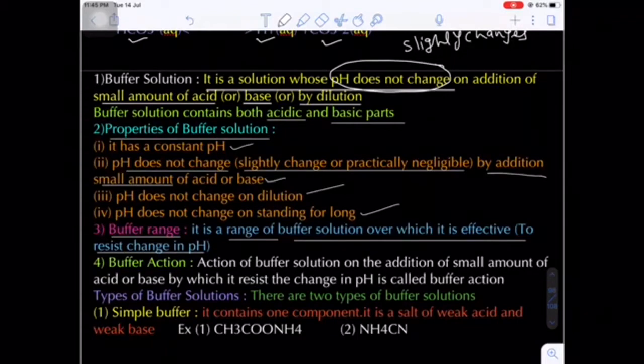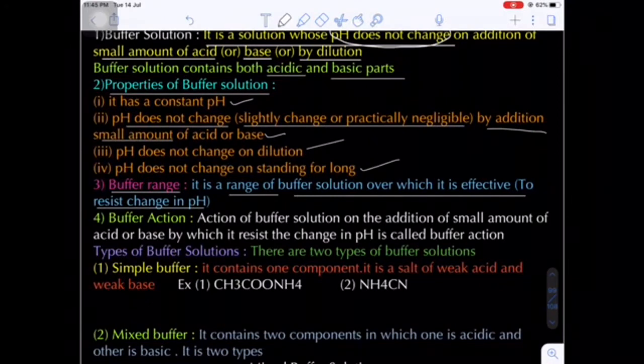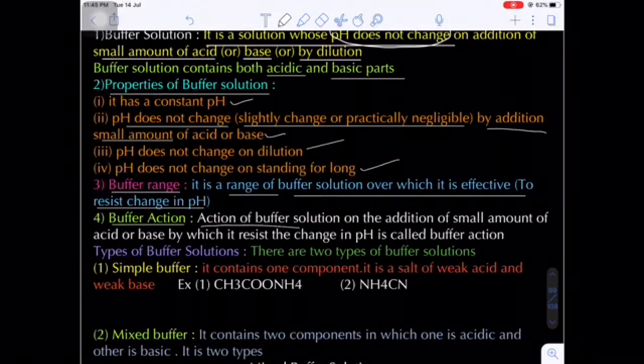In which range a buffer can act as a good, effective buffer to stop the change in the pH, that range is called the buffer range. Every buffer has a particular range in which only it functions effectively. That range is called what? Buffer range.